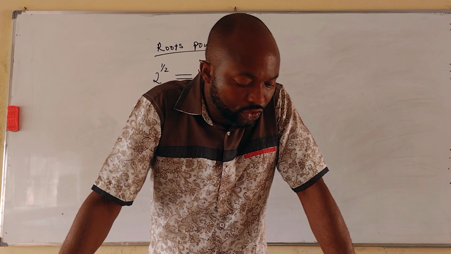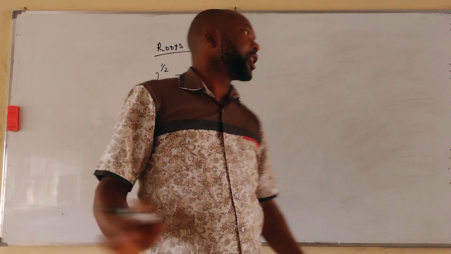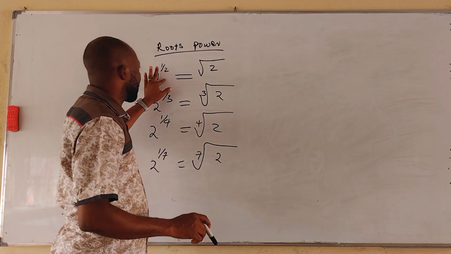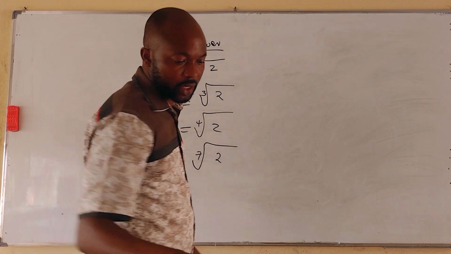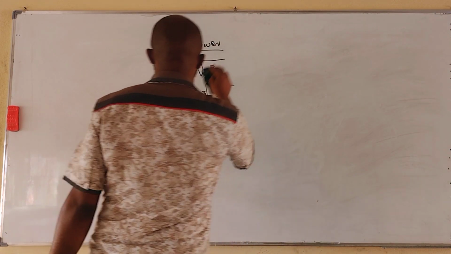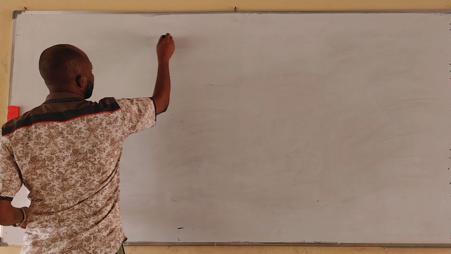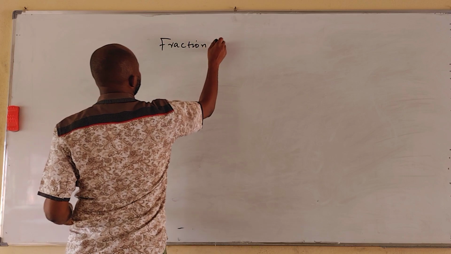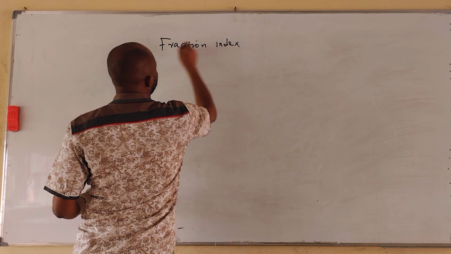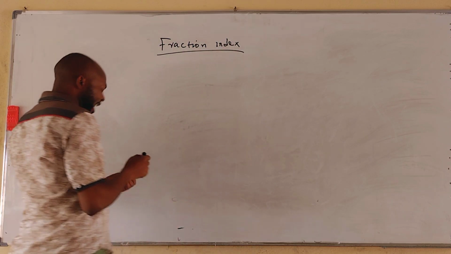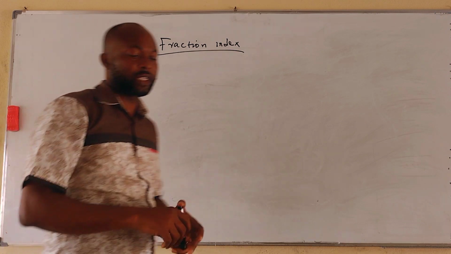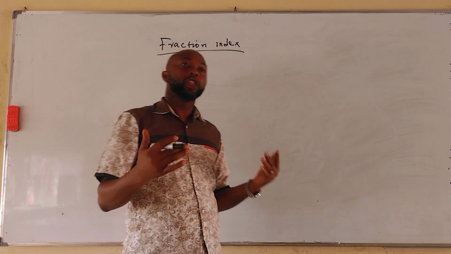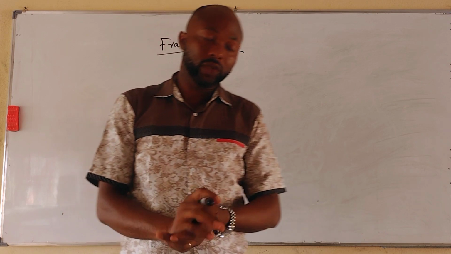So in this case, it may not necessarily be 1 over 2. It shows you the nth root of numbers, which may not necessarily be 1 over 2.